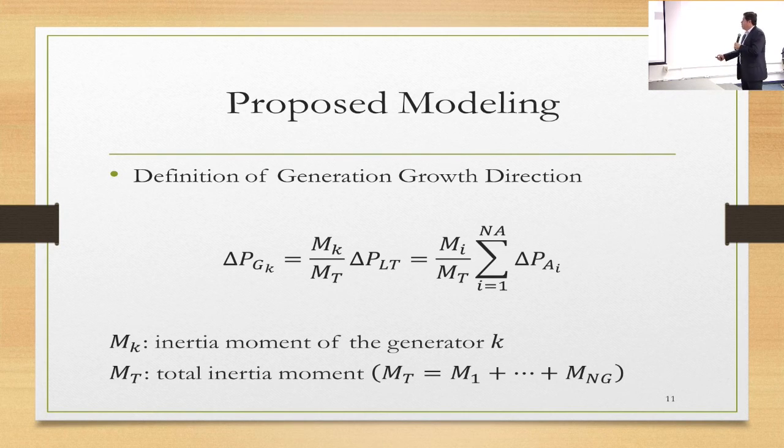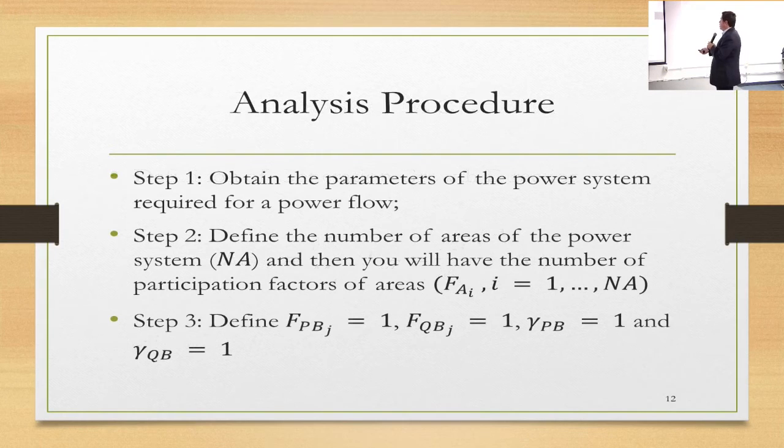And so here's the algorithm for the calculation. Obtain all the parameters required to calculate the power flow, split the system into areas and assign the participation factors, define these participation factors, and scan a range of participation factors for each area.